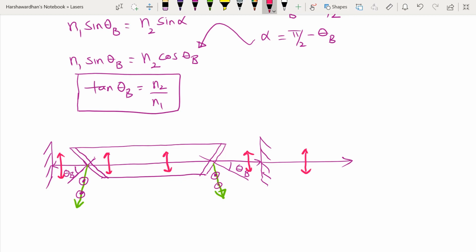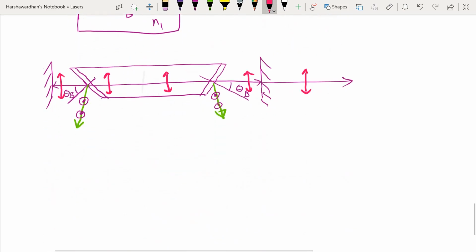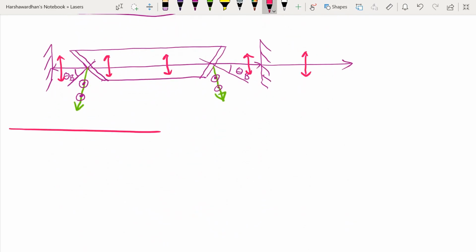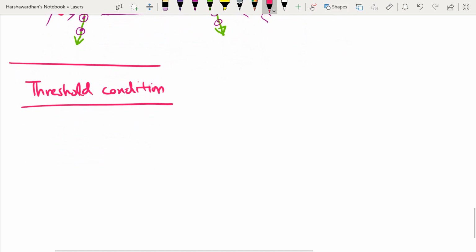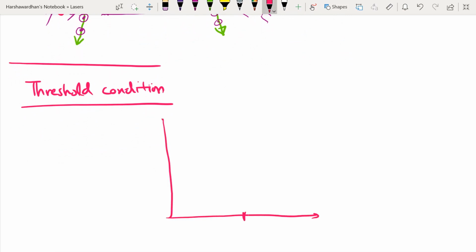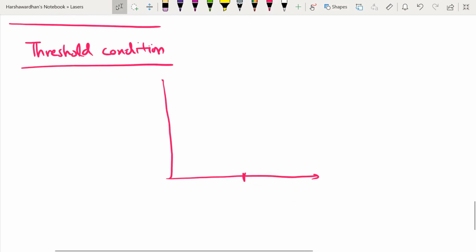There is another aspect that I have not touched upon, which is looking at the threshold condition in a little more detail. The threshold condition I have not explored too much because of paucity of time. All that I want to mention to you is, imagine at threshold, I'm looking at G naught by G threshold as my ratio, and I'm looking at the number of photons within the cavity, for example.